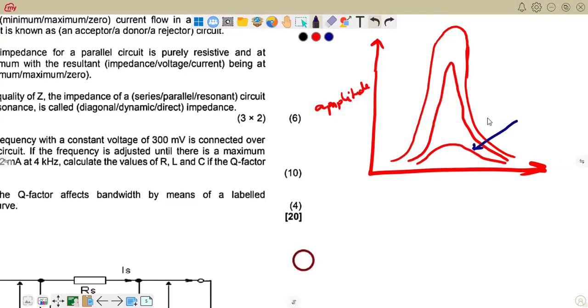This is where we have a low Q, and we have a wide bandwidth, right? Bandwidth, beta response. And then we also label here, right? We have a high Q.